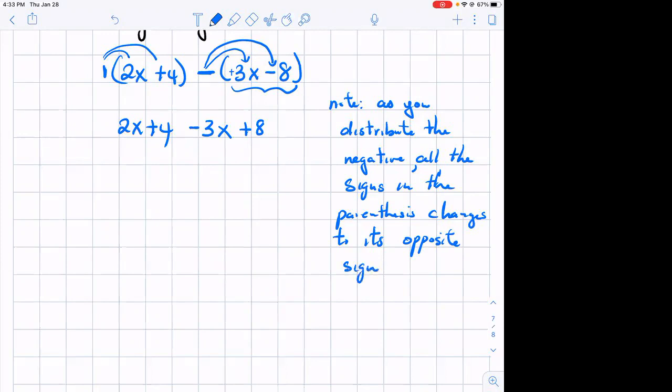Meaning that if you had a +3 in the parentheses, it became a -3. If you had a -8, it became a +8. And now we combine like terms. 2x minus 3x becomes minus x. And then we have +4 +8, that becomes +12. Minus x +12. So it's very important to remember this.